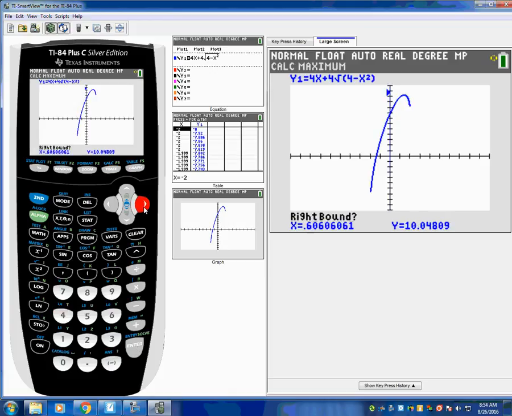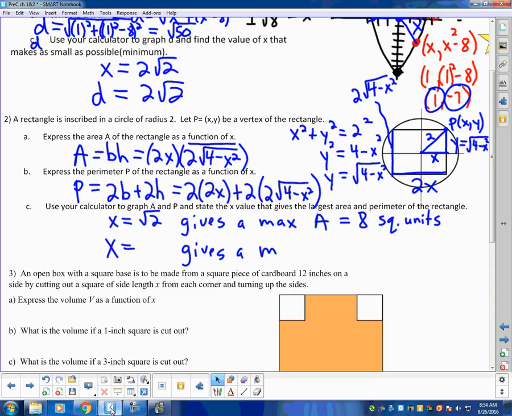Let's get a right bound. And then a guess. And well, look at that. 1.414 again. Different perimeter, right? 11.313 can probably be written in radical form. But 1.414 tells me when x equals root 2 gives a max P equal to that value, 11 point whatever.